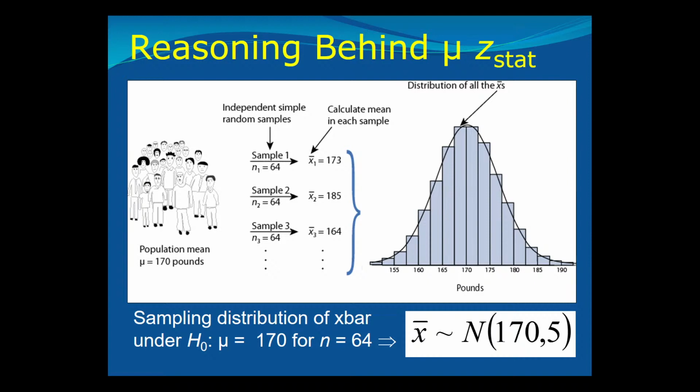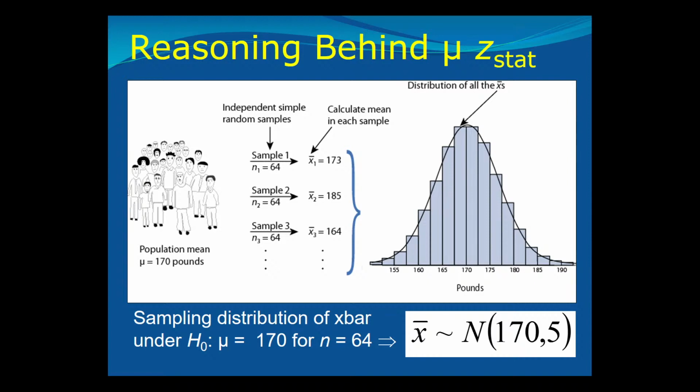For example, we get a mean body weight of 173. For the next sample, the sample mean equals 185 pounds. For the next sample, with the same sample size of 64 persons, we get a mean weight of 174, and so on.